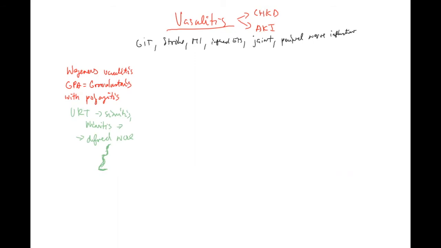Wegener's vasculitis, okay, or Wegener's granulomatosis, okay. And remember, still, they have this nose, and what you can find in blood are some immunoglobulins, and these are C, which means cytoplasmic c-ANCA. Okay, remember c-ANCA? So it's against the protease 3. And how does it look like?